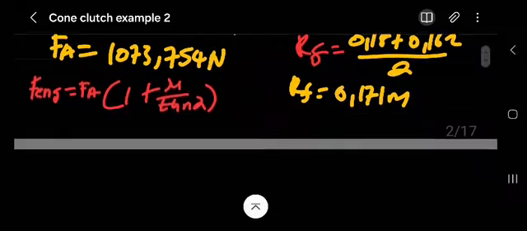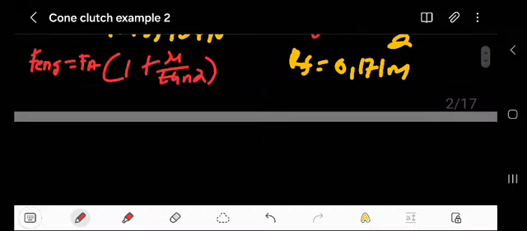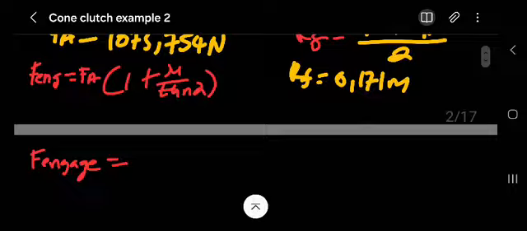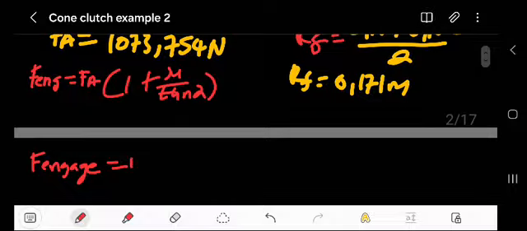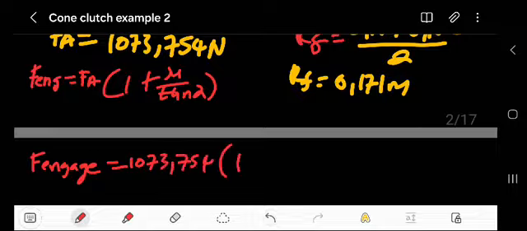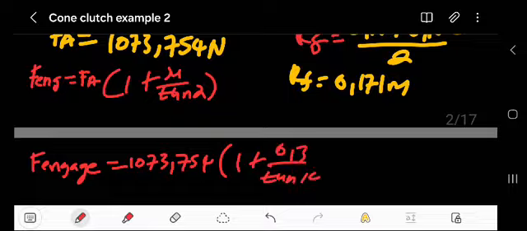So F engaged, our axial, now we know it's 1073,754 into 1 plus coefficient of friction 0,3 into tan 14,5.